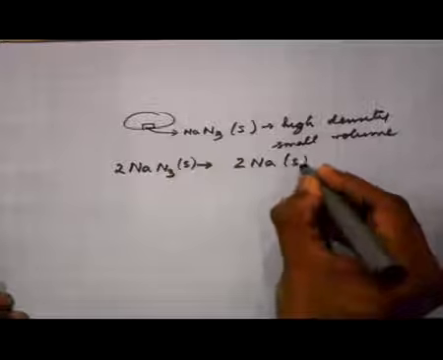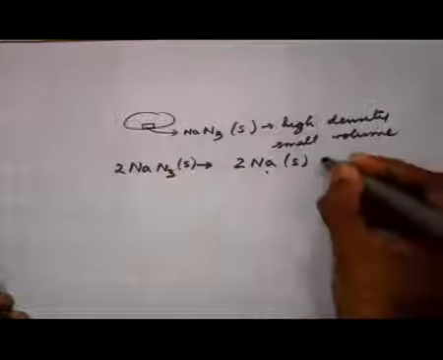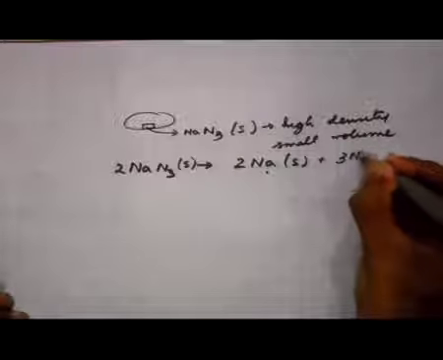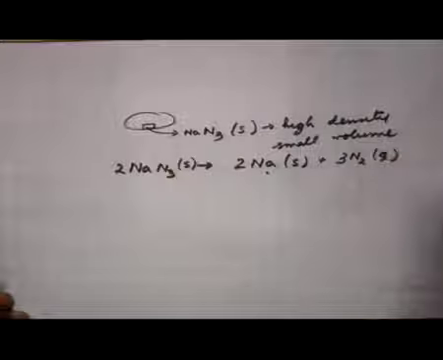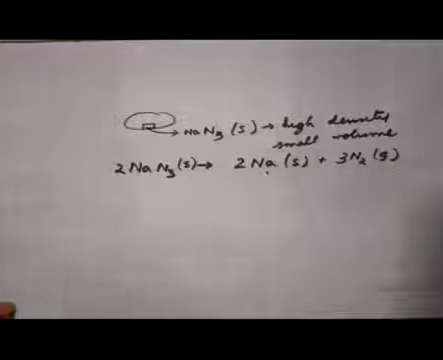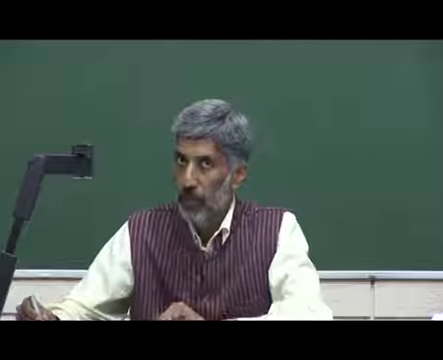To give you one solid product and a gaseous product. And we know from kinetic theory that the volume that is occupied is the empty space taken up by the gas molecules.